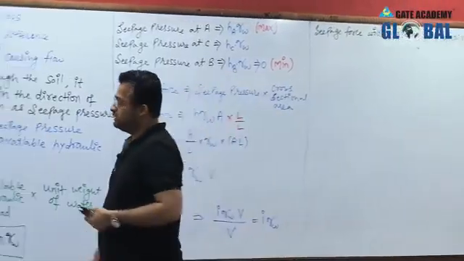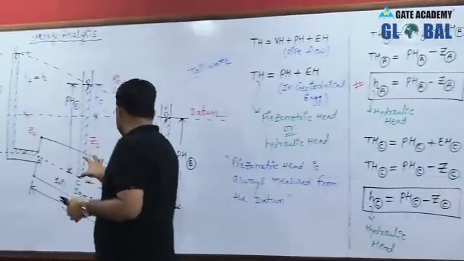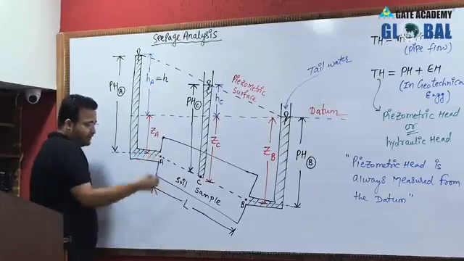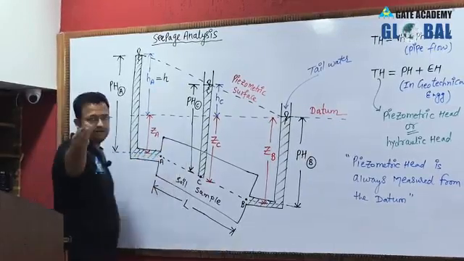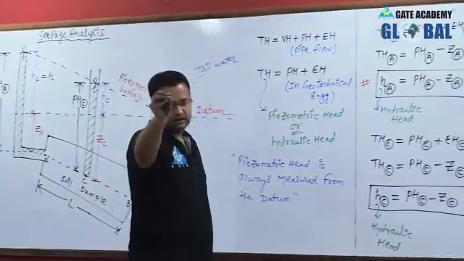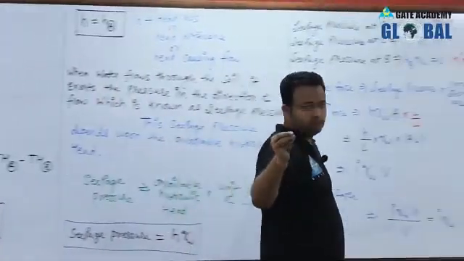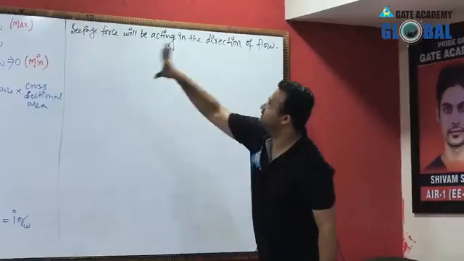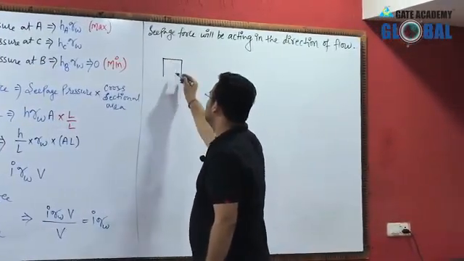Suppose if I ask you the resultant force which is acting in the soil sample, how will you estimate? Suppose I take point A, or any other element, suppose I take this soil I have taken, what is the state of stress in this soil, means how many forces are occurring and how the resultant forces can be estimated, we can see here. You see this element I have taken.